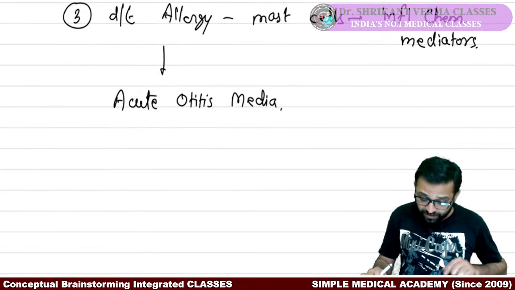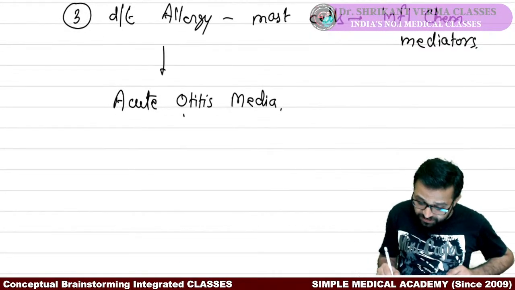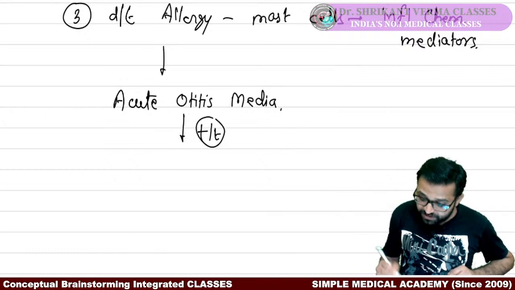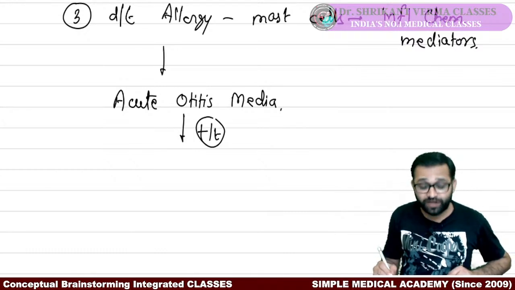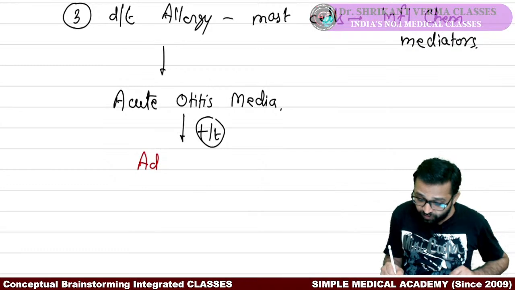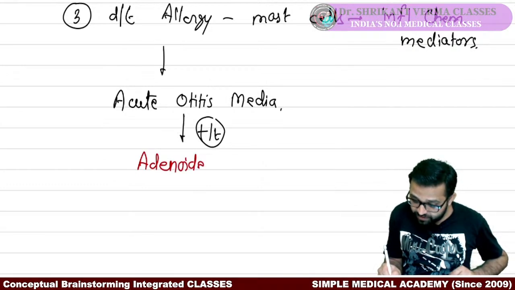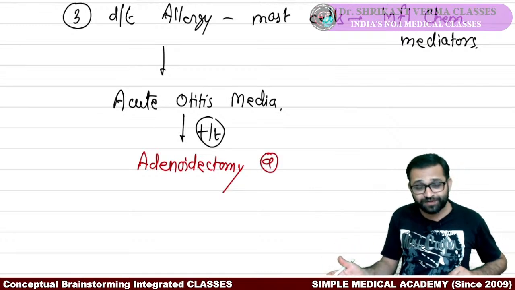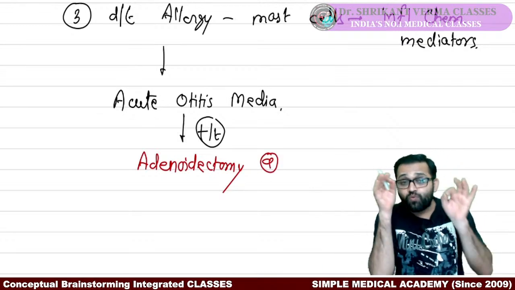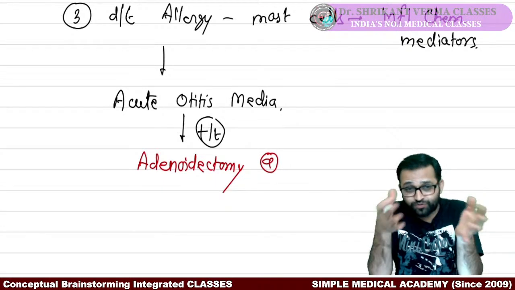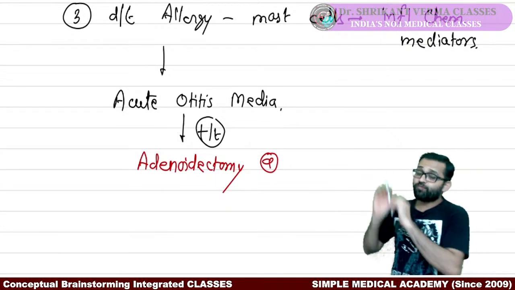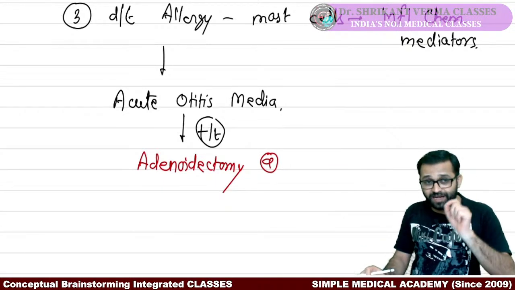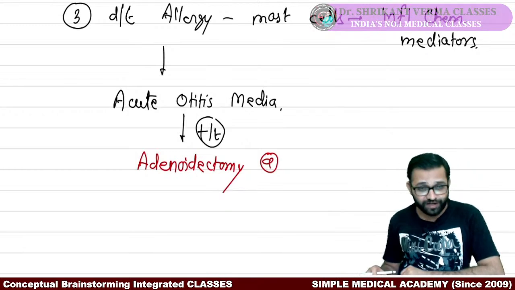Now try to understand, how will you treat it? Because it is due to the adenoid, you will perform the adenoidectomy operation. Yes, this is a simple treatment. In case of a tubal block, whatever the cause of the blockage, you have to treat that one. This tubal block is due to the adenoid, so you have to remove the adenoid.